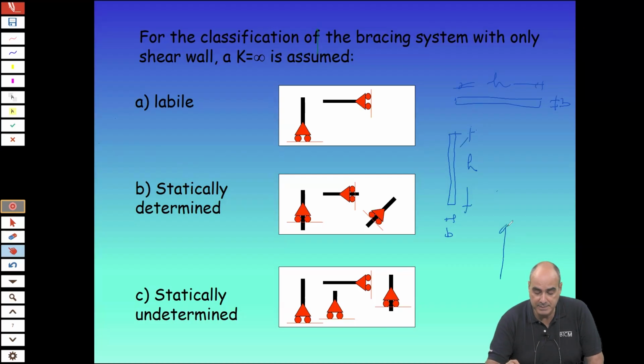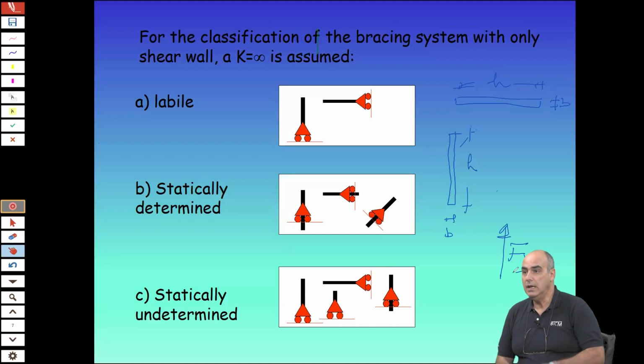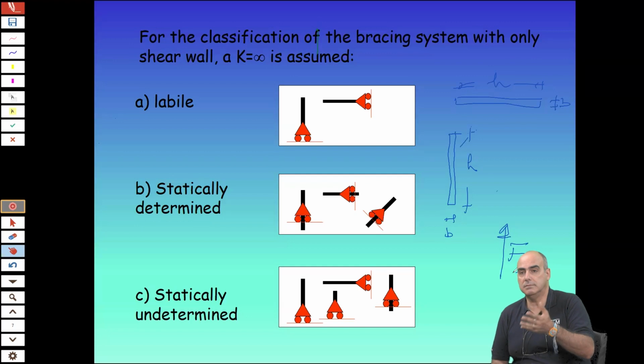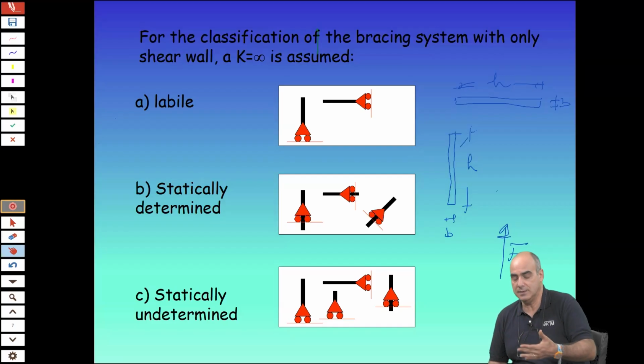If the force comes in this direction, we said Fy. Well, in principle, both the walls resist that force, or basically, the force acts on both of them in a different way, and there is stress.